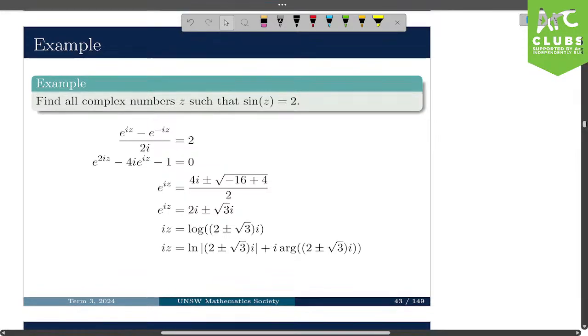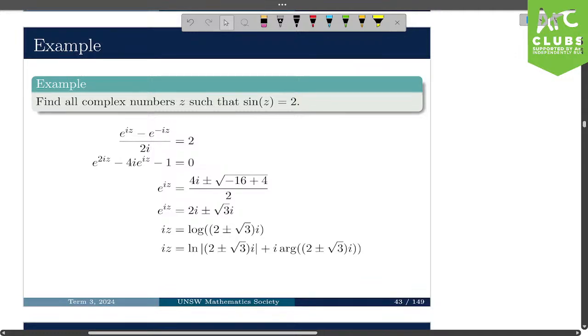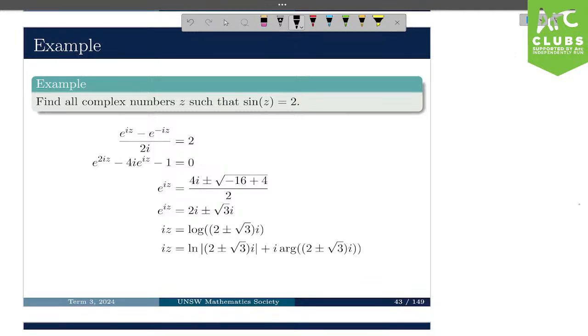All right. For this next question, we're asked to find all complex numbers z such that sine of z is equal to 2, right? And we're going to be using the exponential definition that we looked at before. So we have that e to the iz minus e to the minus iz over 2i is equal to 2, right?